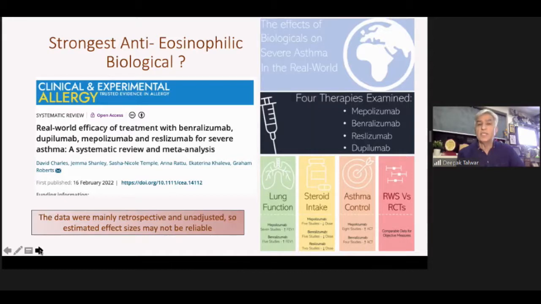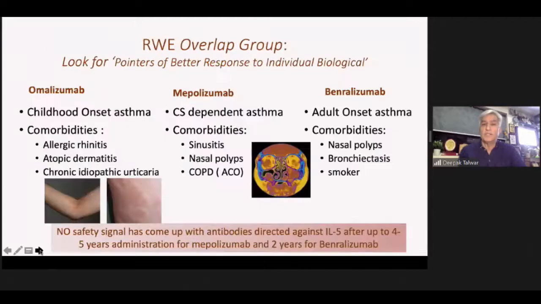However, there seems to be no real big difference in reduction in exacerbations and improvement in all points of asthma control, whether you use mepolizumab or benralizumab. However, the data is more robust to point out that exacerbations are significantly reduced, perhaps more significantly, by dupilumab and reslizumab.